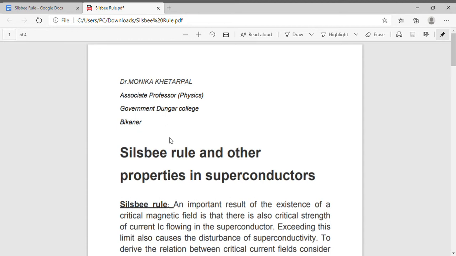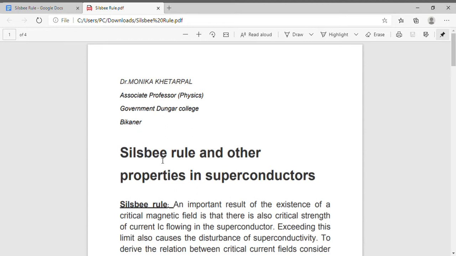Now, in today's lecture, we will discuss Silsbee rule. What does this rule state? We are taking a superconductor and changing the value of current. When the value of current exceeds a certain value, this value is known as critical current.